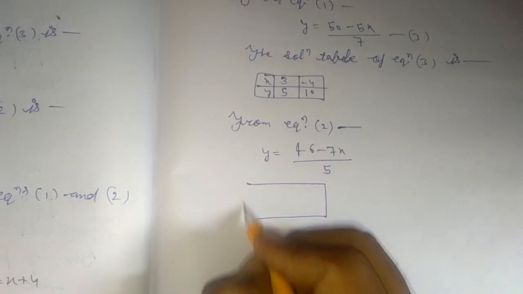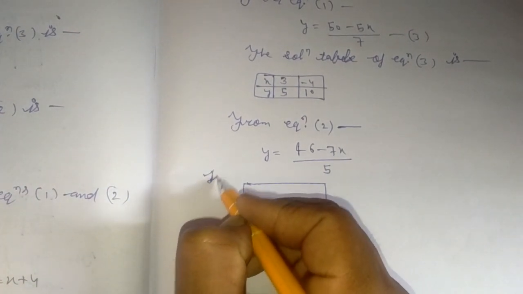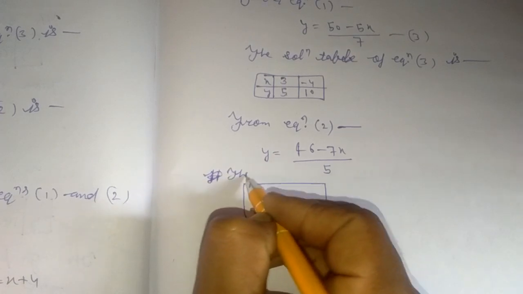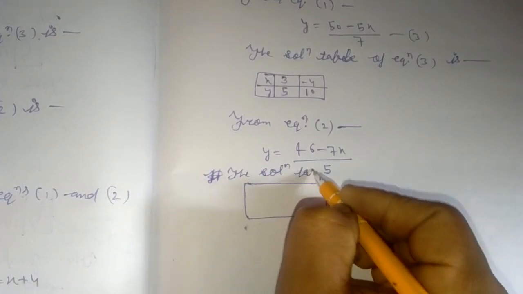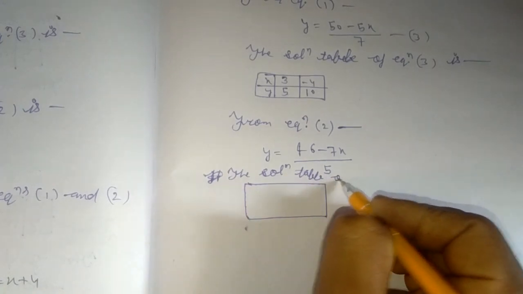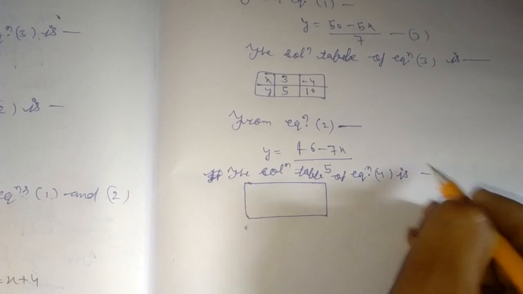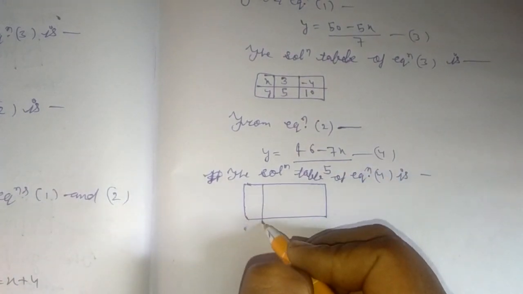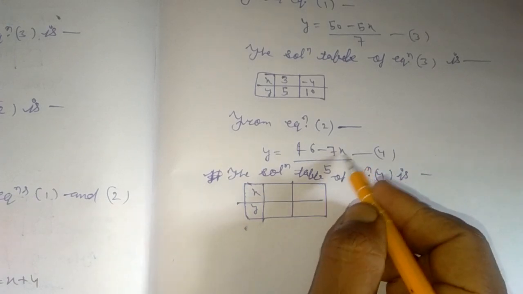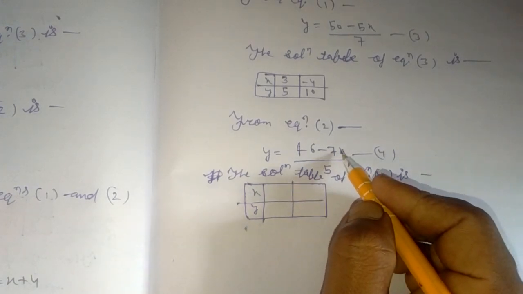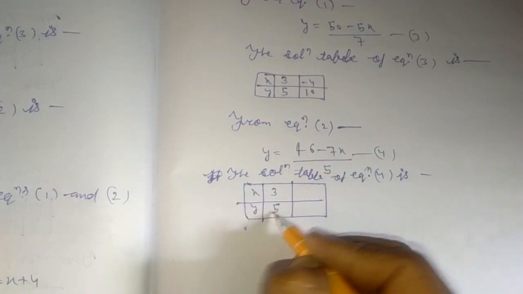So the solution table of equation 4 is: put x is equal to 3, you will get 25 upon 5 means 5.